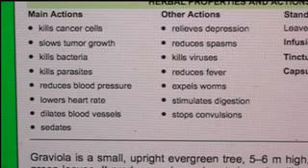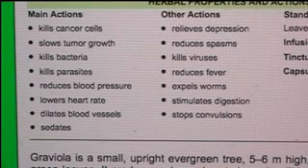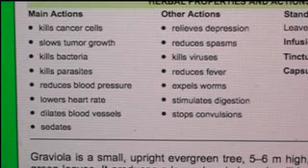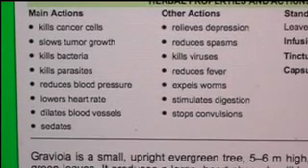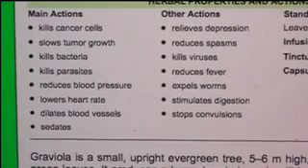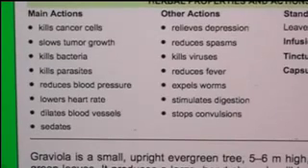It's a sedative, it relieves depression, reduces spasms, kills viruses, reduces fever, expels worms, stimulates digestion, and stops convulsions. And it does all that the same as the chemotherapy, and yet it gives you no side effects whatsoever, and it actually builds up your immune system, and your immune system kicks in and heals your body for you.